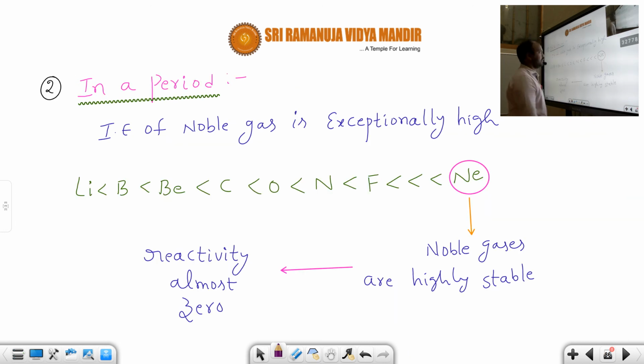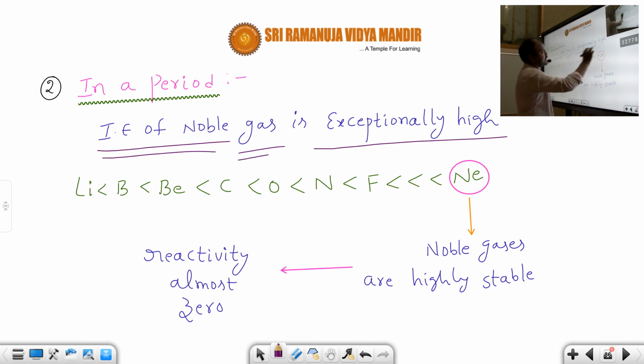After that we will discuss that in a period, the ionization energy of noble gases is exceptionally very high. We expect that it is high, but experimentally it is observed to be exceptionally high. Generally metals have low ionization potentials, non-metals have high ionization potentials.